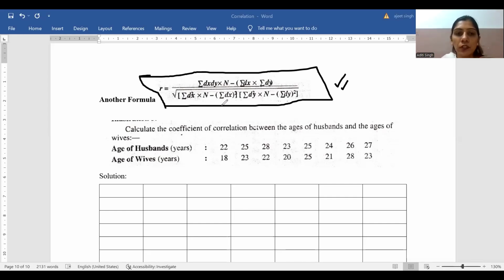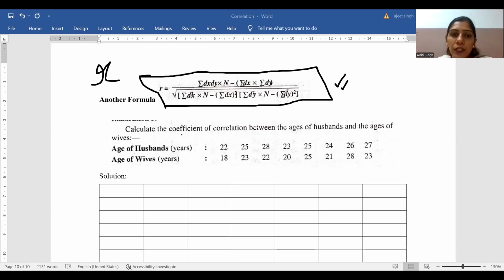In this formula for calculating the coefficient of correlation, which is denoted with r, r is equal to sum of dx dy multiplied by n minus sum of dx multiplied by sum of dy.